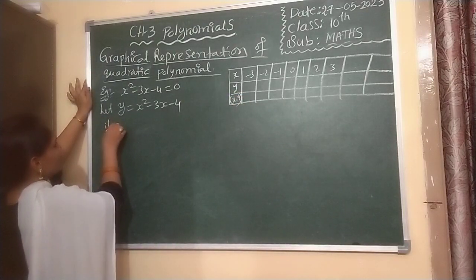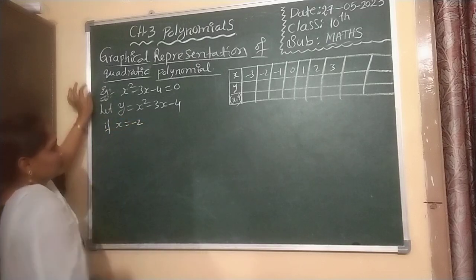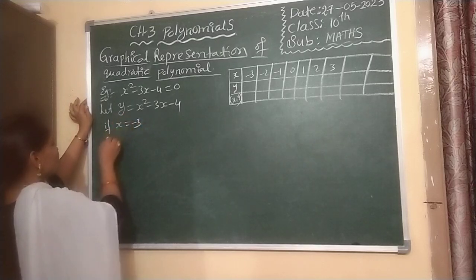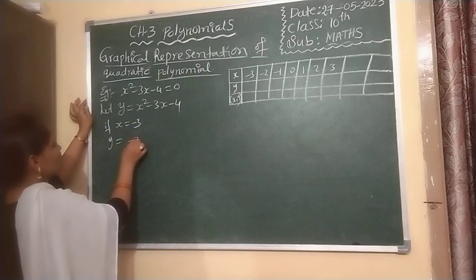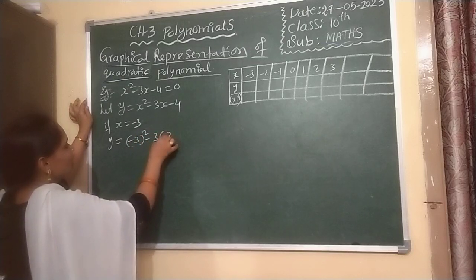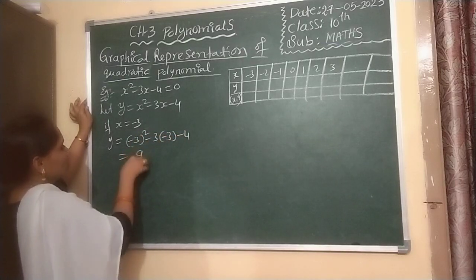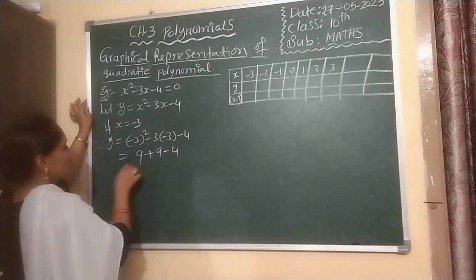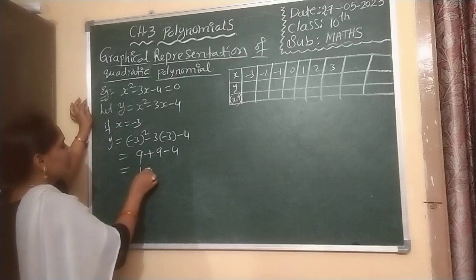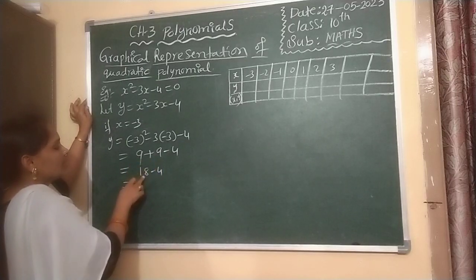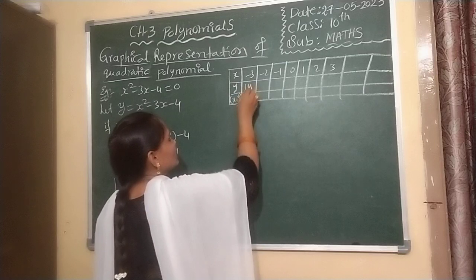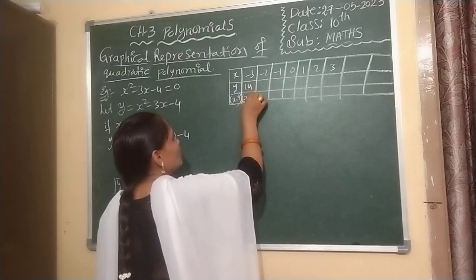If x is equal to minus 3, starting from here, substitute: minus 3 whole square, minus 3 into minus 3, minus 4. 3 threes are 9, minus into minus plus, 3 threes are 9, minus 4. 9 plus 9 is 18, 18 minus 4, what do you get? 14. y is equal to 14. So here minus 3 comma 14.